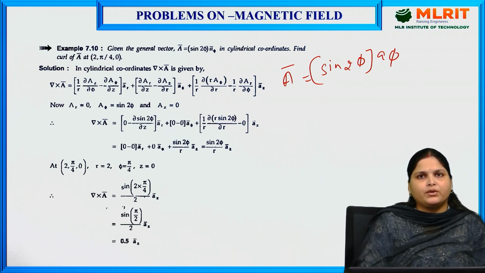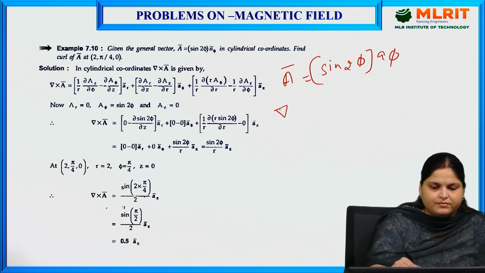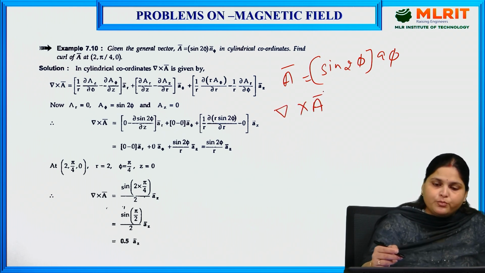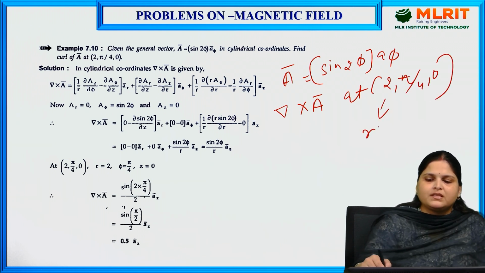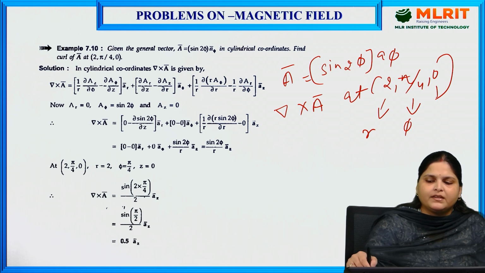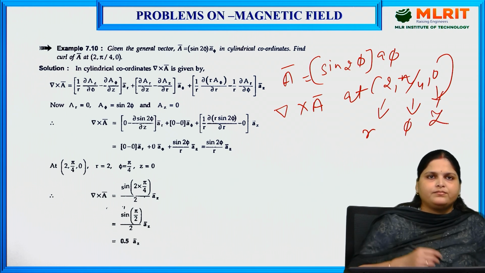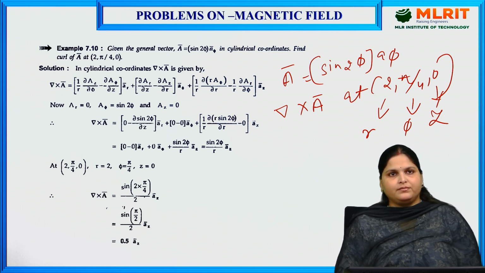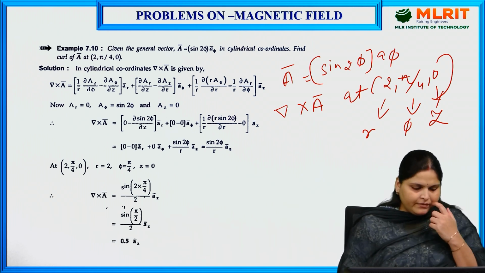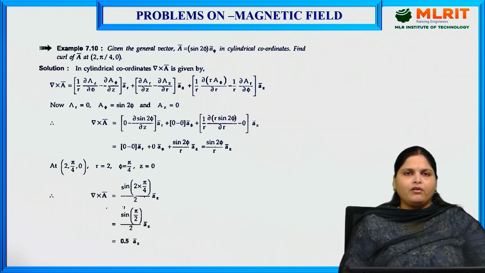We have to find the curl of A at the point 2 pi by 4 and 0, meaning this is r, this is phi, and this is z. R phi z or rho phi z, anything can be used. So basically we have to find the curl of A, del cross A.